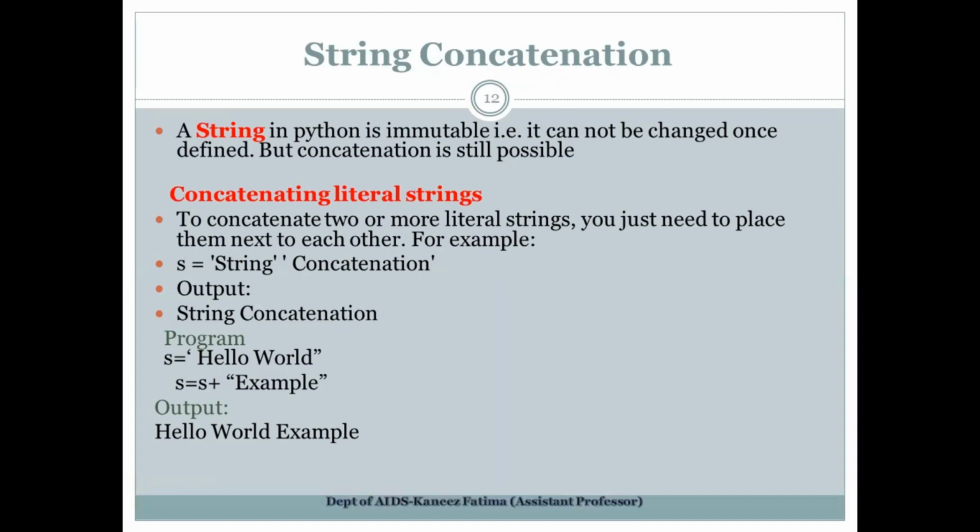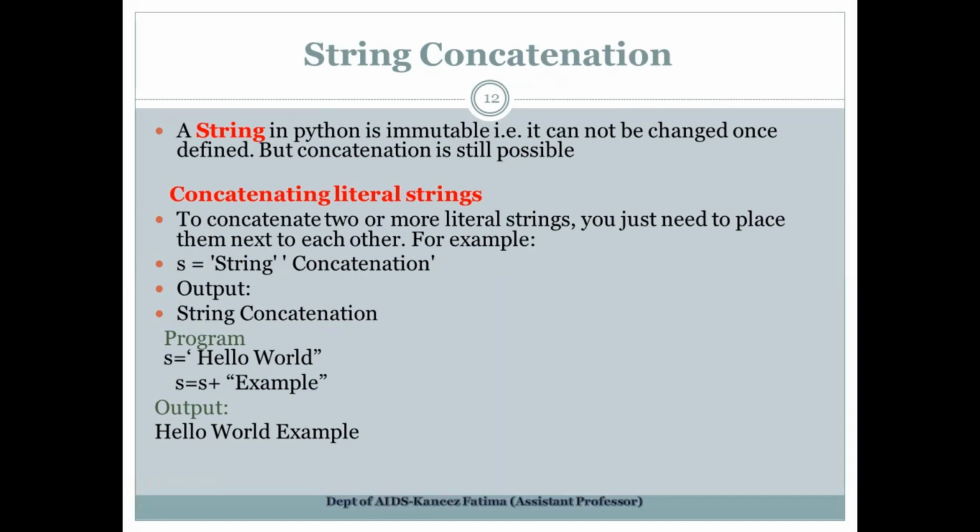Next, we are moving to the next topic, string concatenation. As you know, concatenation is the combination of two things. When we talk about string concatenation, we combine multiple strings into one string. A string in Python is immutable, that is, it cannot be changed once defined, but concatenation is still possible.